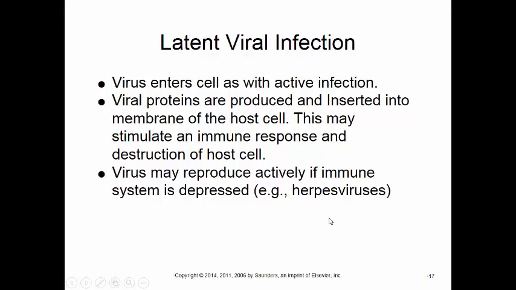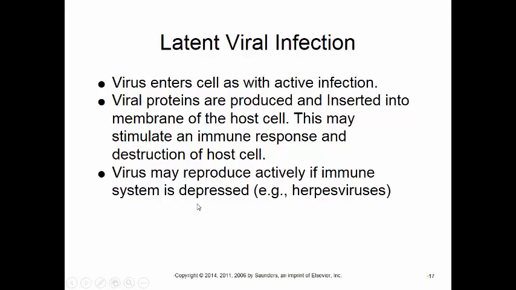We can have viral infections that are latent. Latent is when the virus enters the cell as an active infection, and then the viral proteins are produced and inserted into the membrane. And this may stimulate an immune response and destroy the cell.